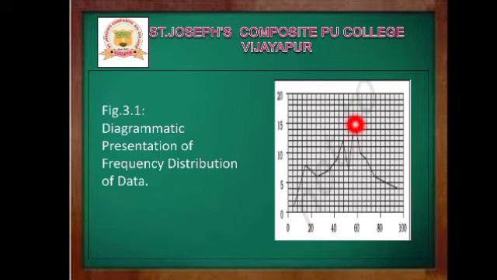You see that curvy shape here. Here in the x-axis and y-axis, we plot the class mark as well as the frequency. So this is what we obtain, the frequency curve. This shape is called a frequency curve.